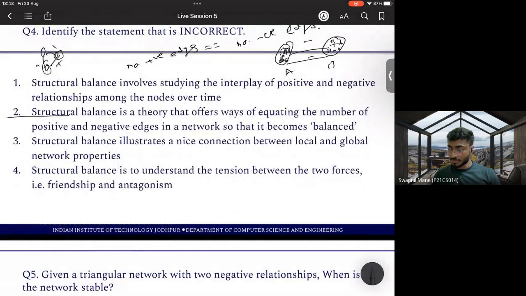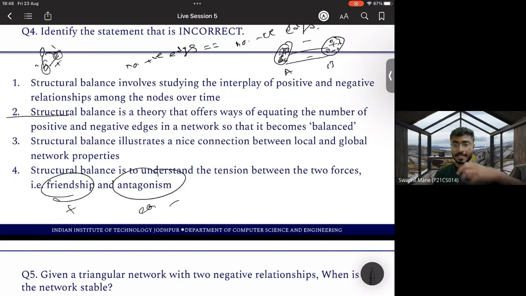The last option is that structural balance helps understand the tension between the two forces, friendship and antagonism, that is, enmity, a negative edge and a positive edge. So we are finding the tension, and how much the relationship between two users is a friendship relationship or an antagonism, that is, an enmity relationship.